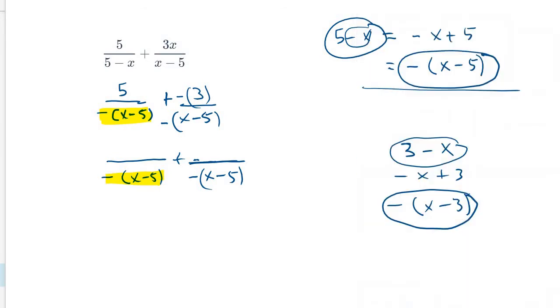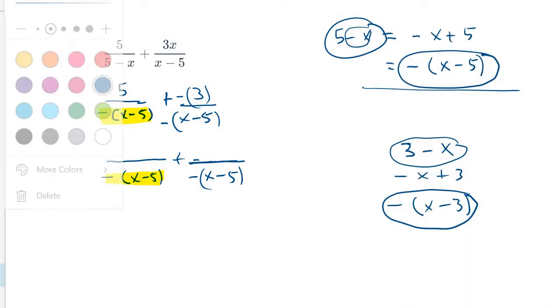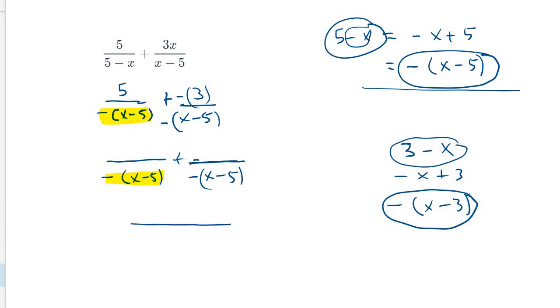We're going to keep one denominator, which is negative x minus 5. And then what we will do is add the numerator together. So it will be 5, and when we do plus minus, that is minus 3 really, basically. So the next step is to do 2 over negative x minus 5.